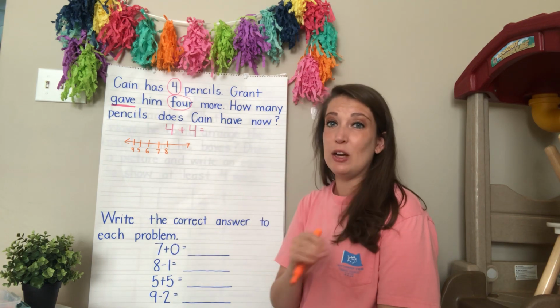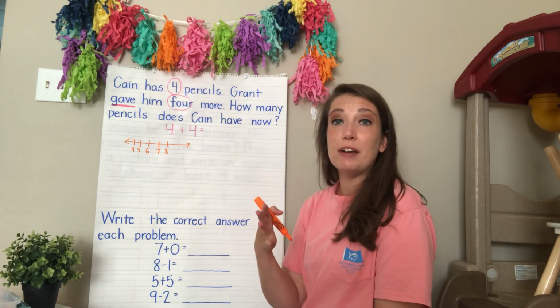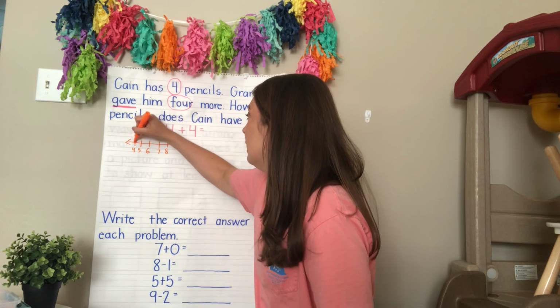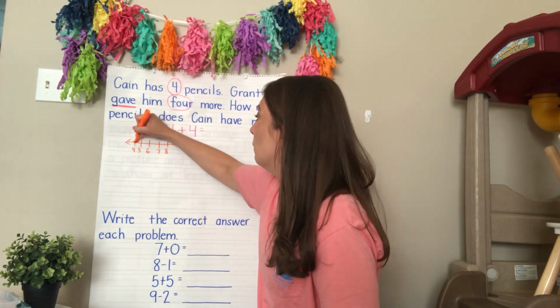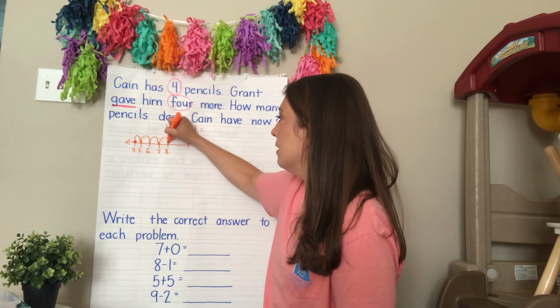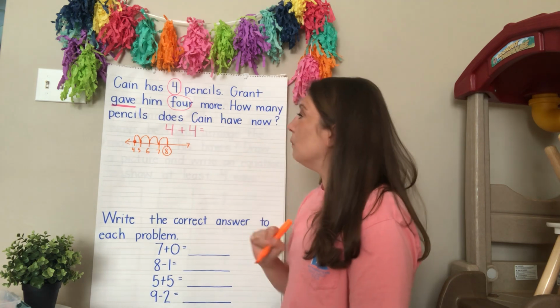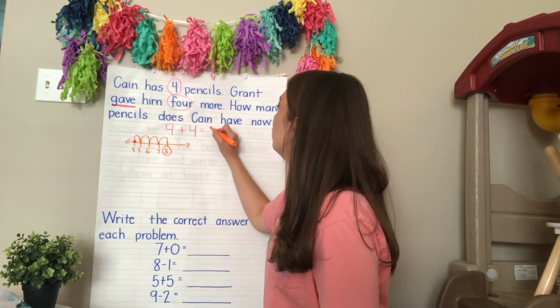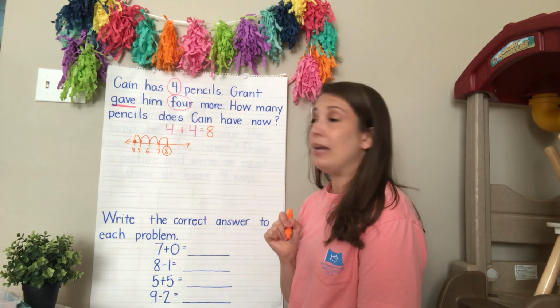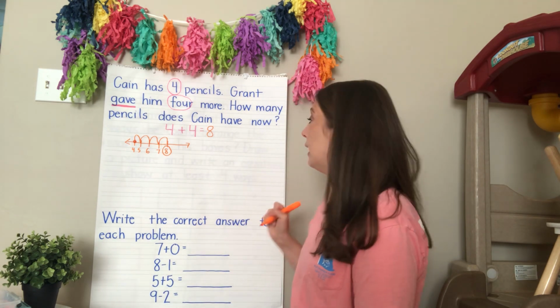We don't really need to know numbers 1 through 3. If you want to write them, it's fine, but you don't have to. So there's 4, and then Grant gives him 4 more, so we're going to hop ahead 1, 2, 3, 4. And we land on 8. So 4 plus 4 equals 8.